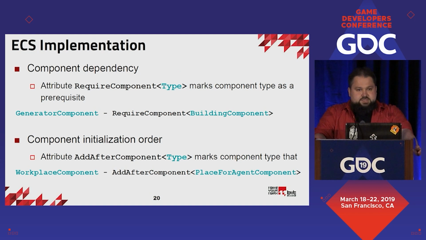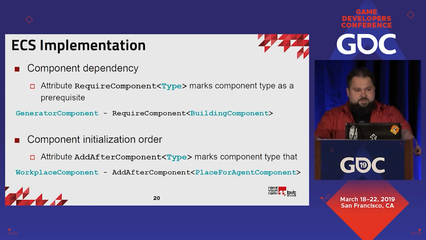But it introduced a new problem. Because of lack of inheritance, some components were dependent on each other. And for example, generator is a special building in Frostpunk, the main building in the center, that provides heat for the city. And it has, of course, a generator component, but it is also a building, so it requires building component.